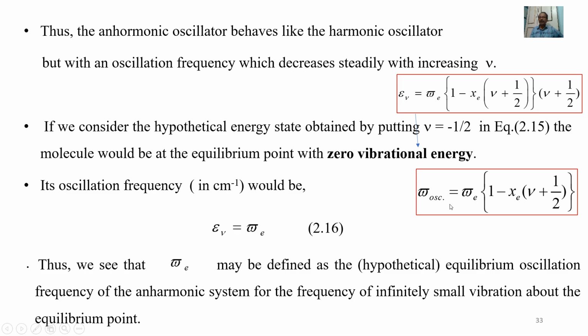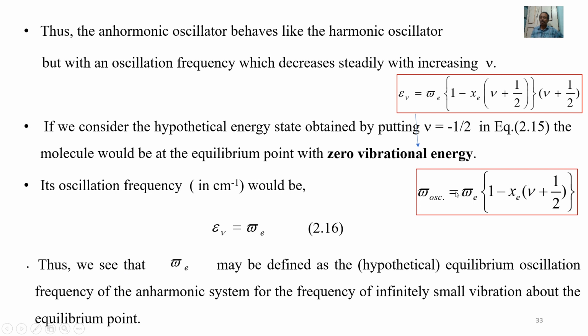Similarly, when you substitute minus 1 by 2 here, that also becomes 0, whereas omega oscillator is equal to omega bar E, since minus 1 by 2 plus 1 by 2 becomes 0.